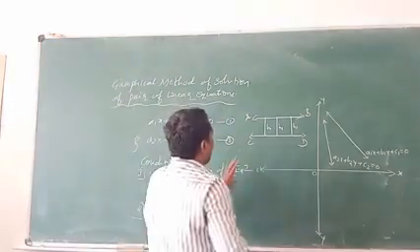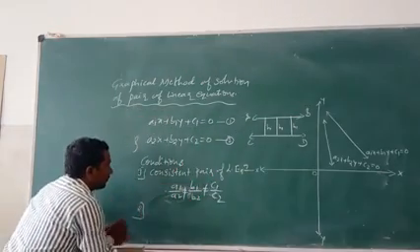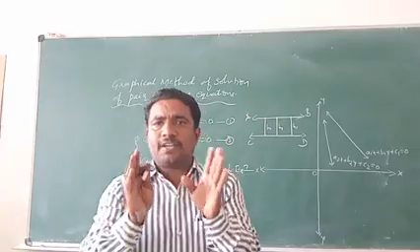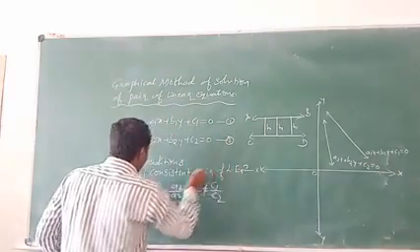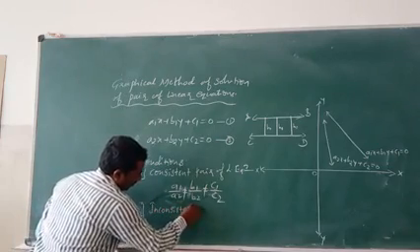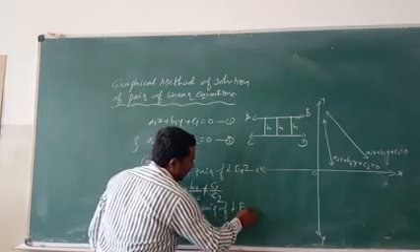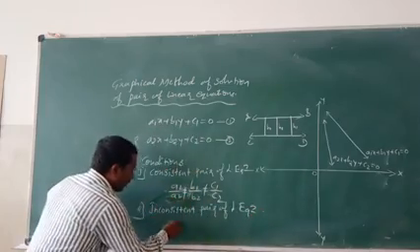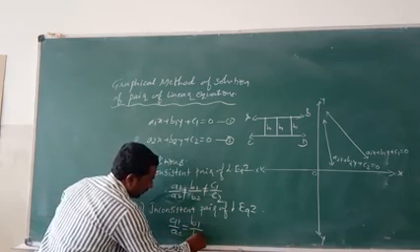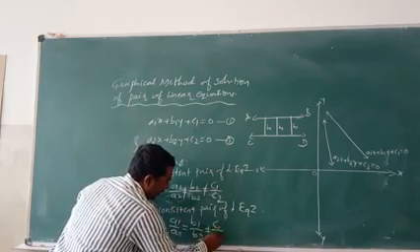What is the condition of these parallel lines? It is the inconsistent pair of linear equations condition: a1 divided by a2 is equal to b1 divided by b2, and it is not equal to c1 divided by c2.